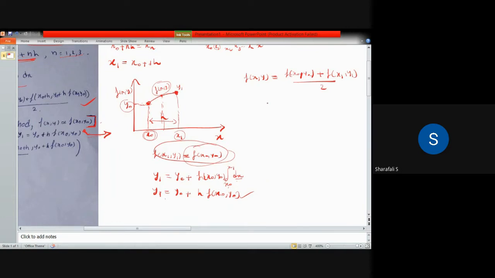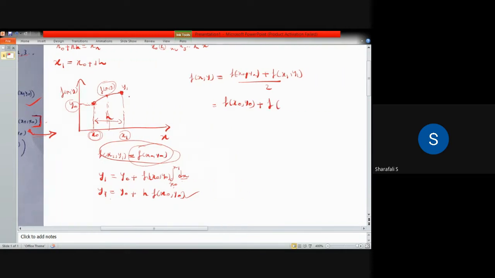So what is f of x0, y0? That we know. x0 we know, y0 we know, so we can calculate f of x0 comma y0. Then we want to know what x1 and y1 are. If you consider the change in x within that step as h, then x1 will be x0 plus h, right?